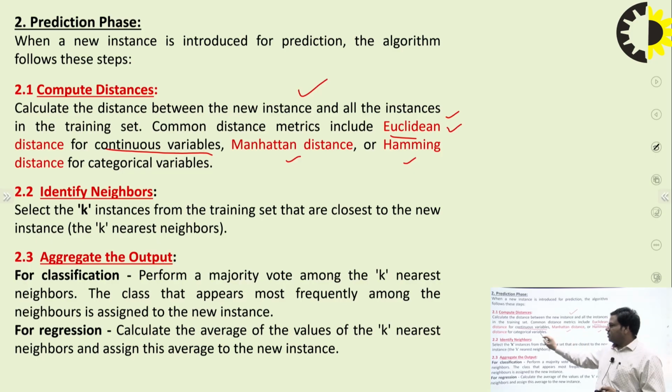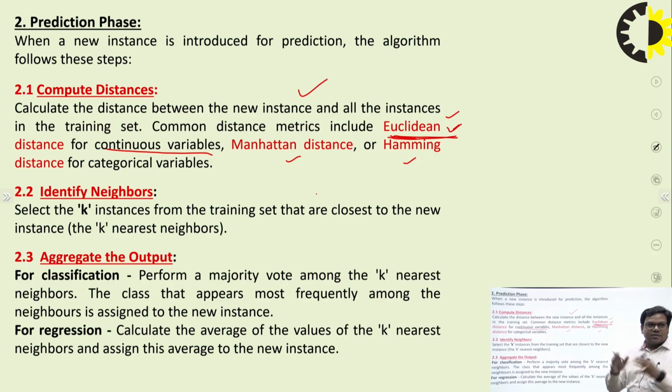And for categorical variables, we can use the Manhattan distance and the Hamming distance formula. So ideally, for integer, float, or numeric values, we are going to use the Euclidean distance. We will directly apply the formula, and we'll see the formula in the upcoming example of the KNN.